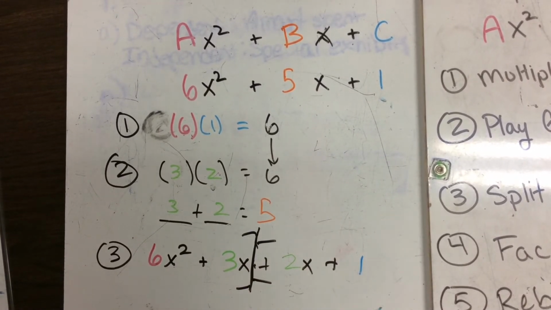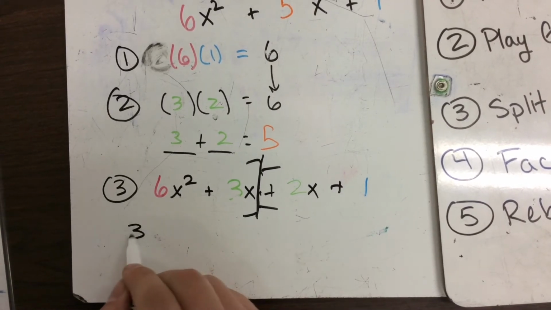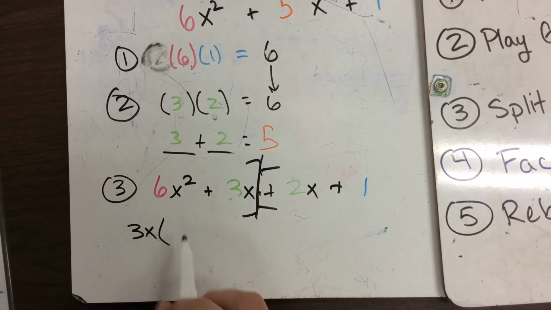Okay, and now we're going to look at what can I take out of here? Okay, what can I factor out? And then what can I factor out of this side? So I'm dealing with two different sides. If I look at this first one, it looks like I can pull out a factor of 3x. Okay, but what's left in there stays in the parentheses.